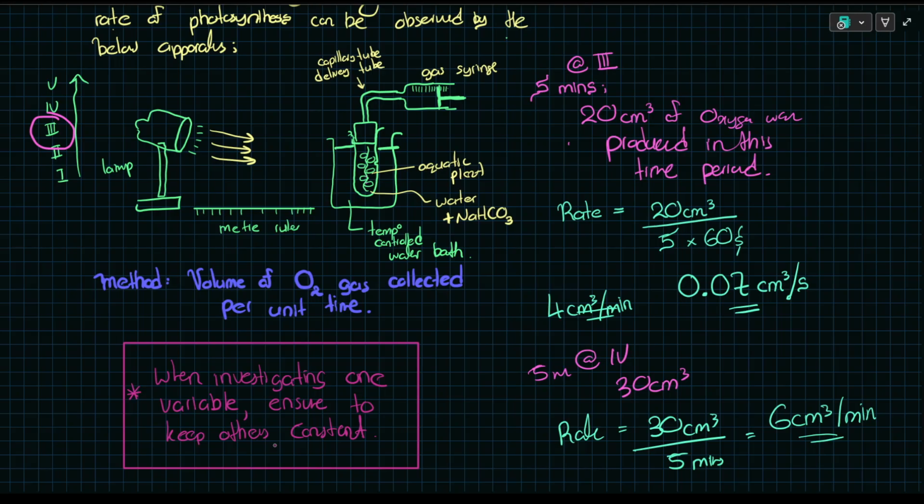Have to ensure to keep the others constant. Right? In this case, we're changing light intensity. We have to keep temperature, time, the plant, all that stuff the same.